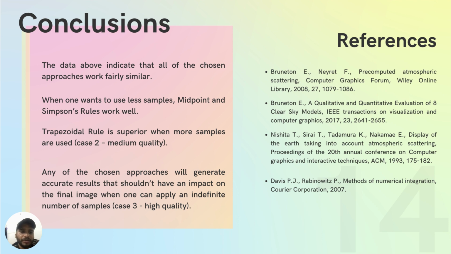And if we use an indefinite or arbitrary number of samples, it will not affect the final image, right? So it will generate the accurate result. These are some references from where I found these papers and everything, the bibliography.